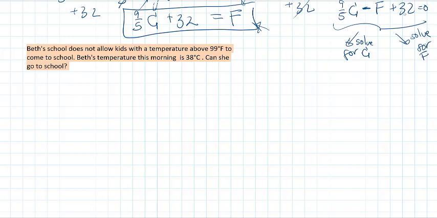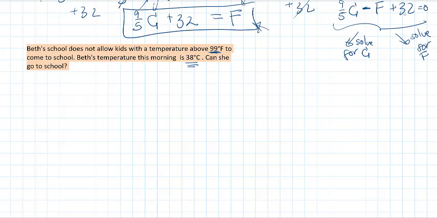Can she go to school? Obviously we have a problem here, because our requirement is 99 degrees Fahrenheit, but our actual measurement of Beth's temperature is in Celsius.